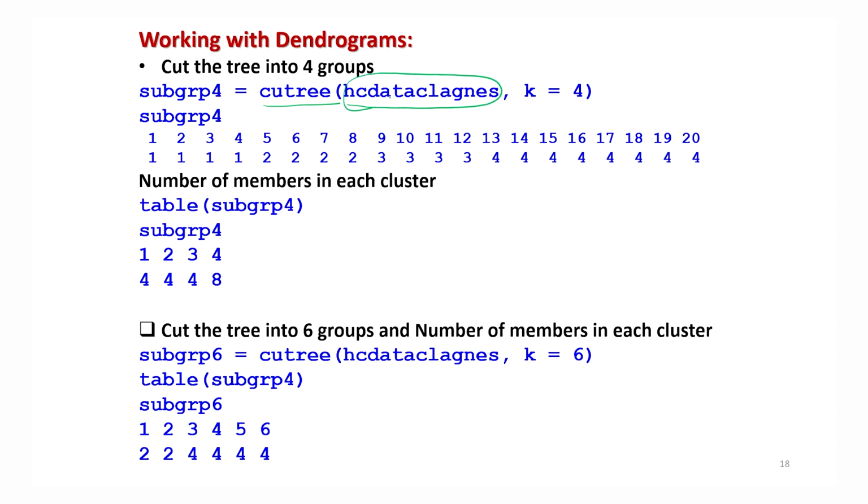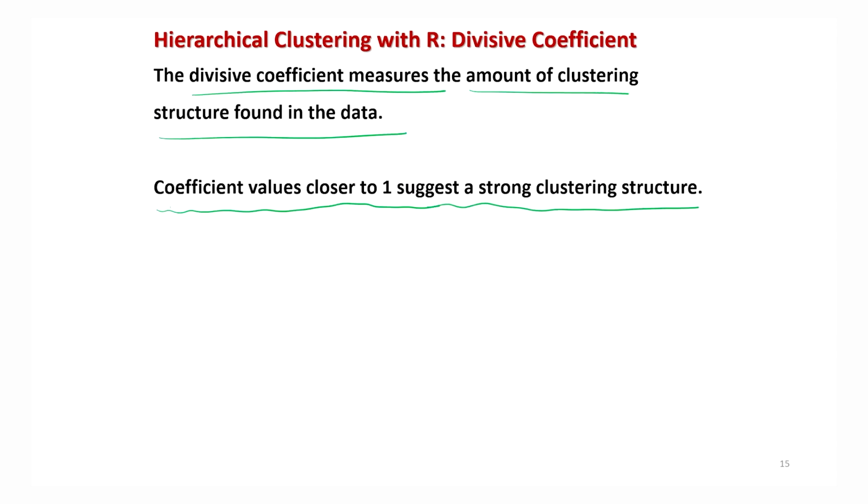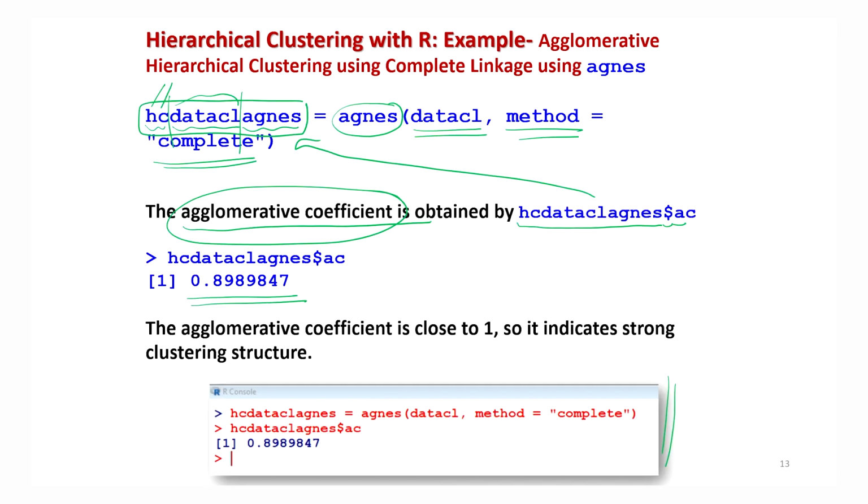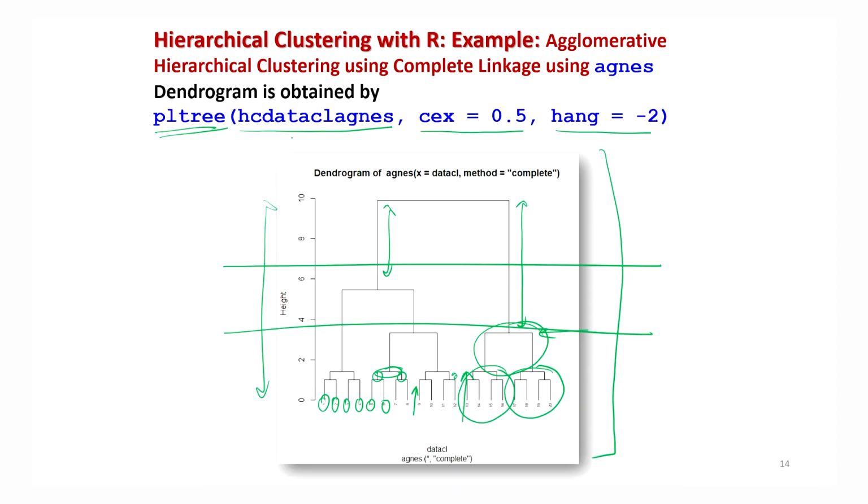What is this output? This was the output which you had obtained, of which you had computed the agglomerative coefficient. This is the same thing which is obtained by the command agnes.